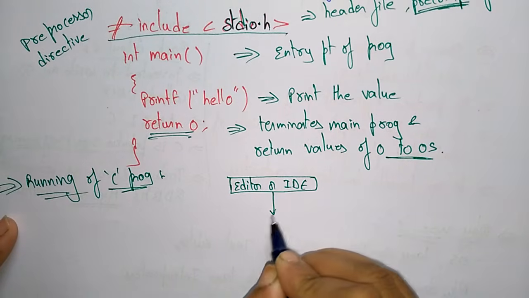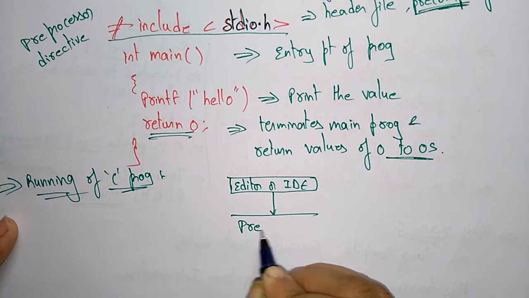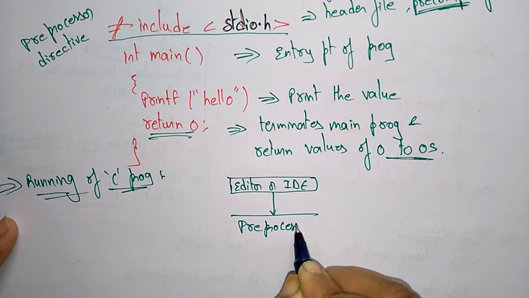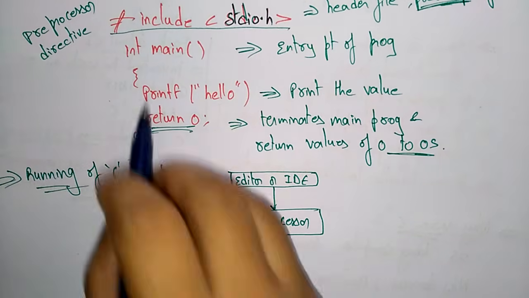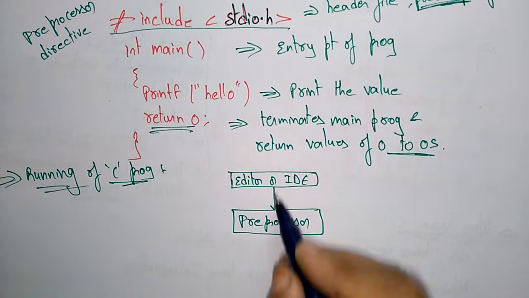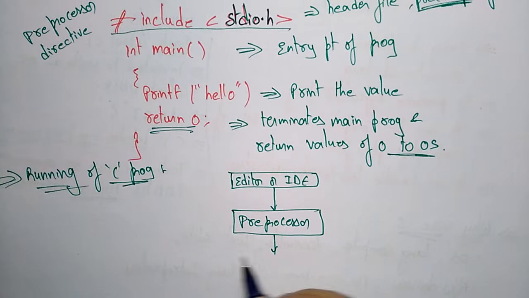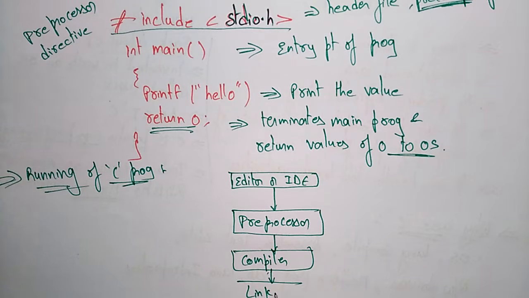After that it enters the preprocessor and takes all the include files, hash include stdio.h. After that the program goes to the compiler.